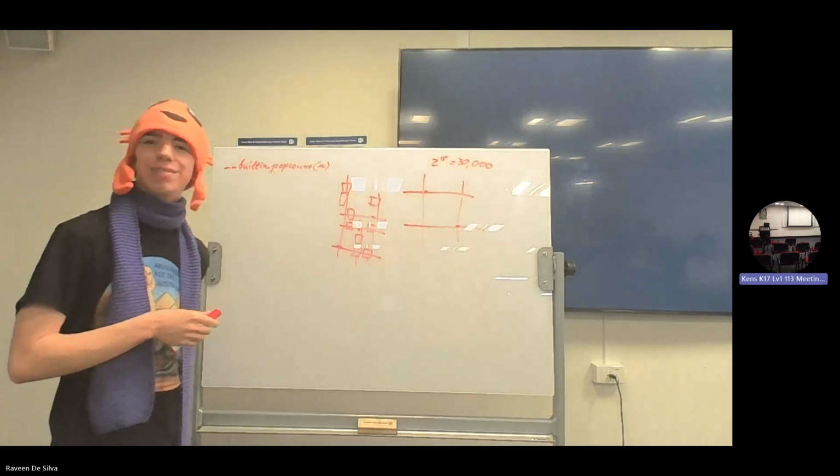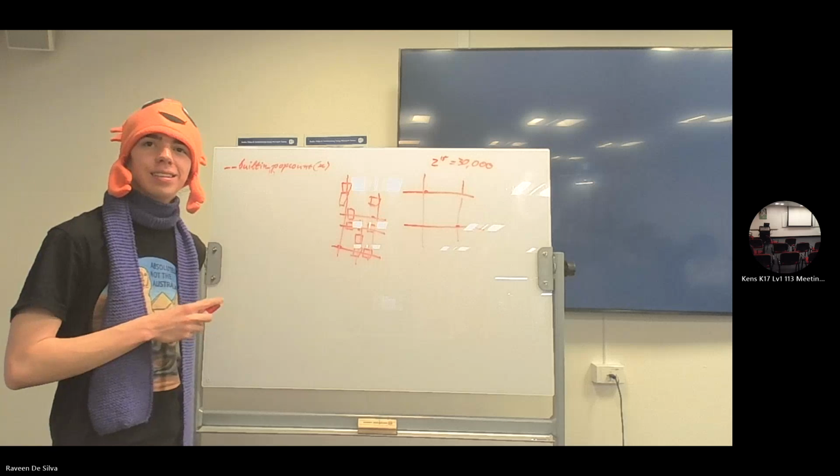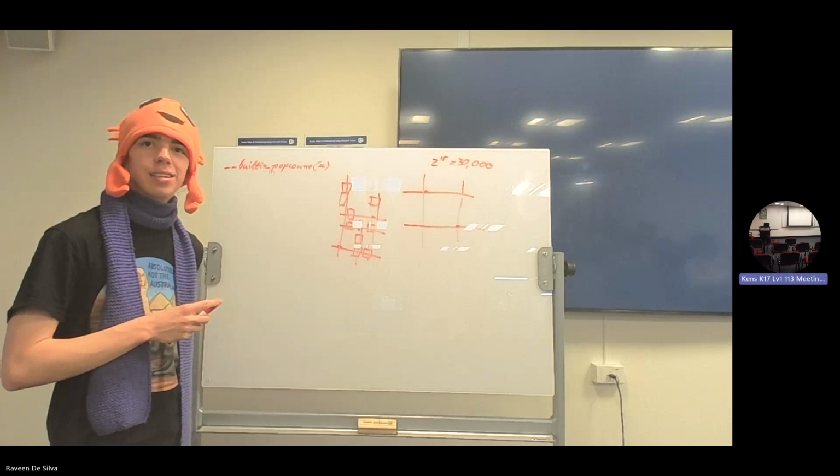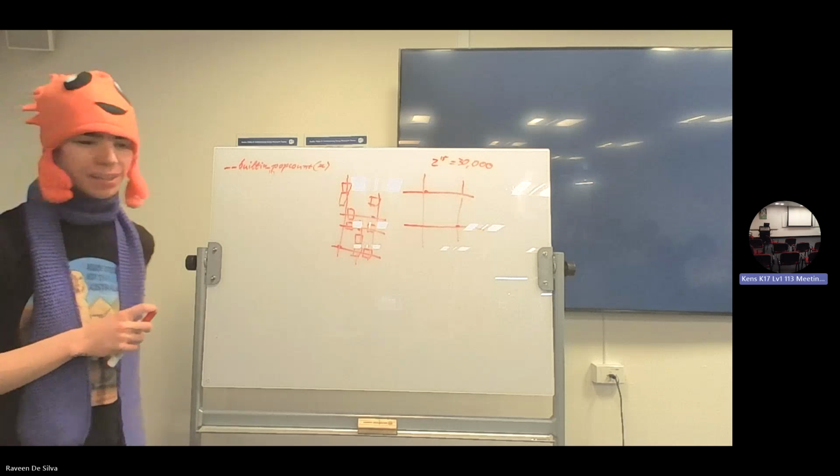Do you have any greedies in mind? How many boxes it can see? I don't know, it's further than that. Yeah, the fact that n is equal to 15 is a hint that we want something exponential.